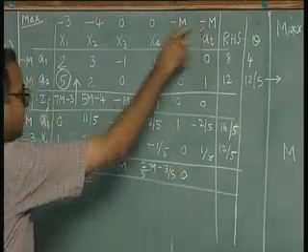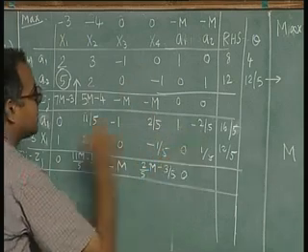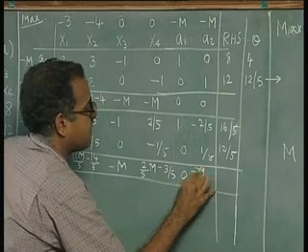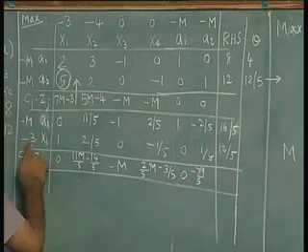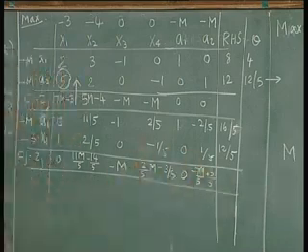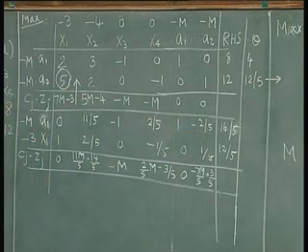So, minus m minus 2m by 5 is minus 7m by 5 plus 3 by 5, and again we do not write anything here because we have an artificial variable lying in the basis.